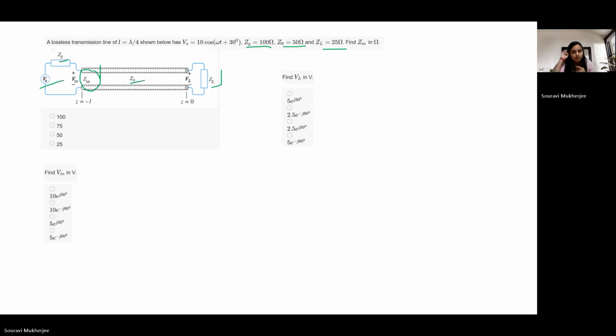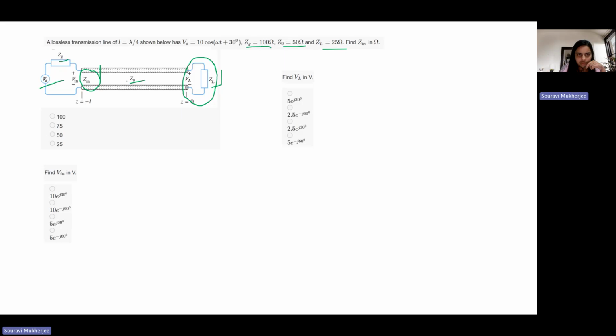Now, just look at this part of your section. Whatever is the load here should be the load here, right?